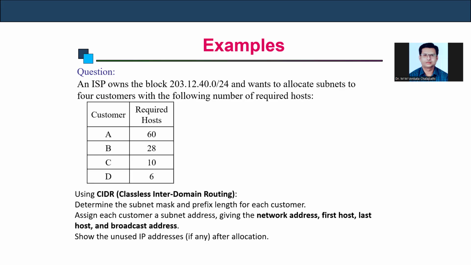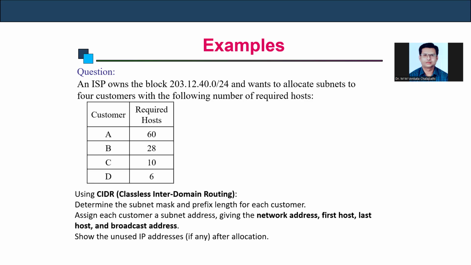So we need to determine the subnet mask and the prefix length of each customer, then assign each customer a subnet address, which is a network address, the hosts they require, and then the broadcast address. And finally, we need to identify the number of unused addresses for each customer.